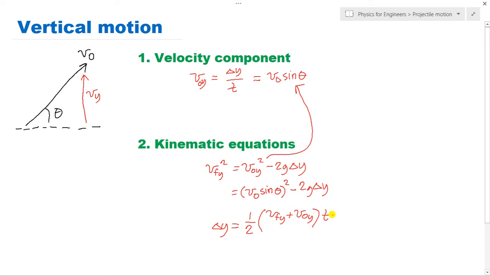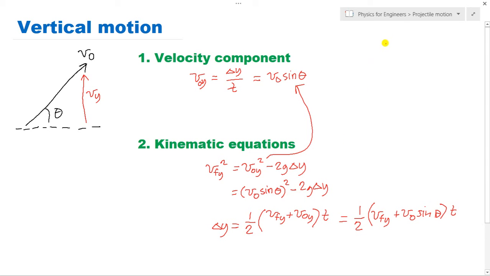So therefore wala dito yung acceleration due to gravity. And again, since we all know that V0y is equals to V0 sin theta, we can rewrite this as 1/2 times vfy plus V0 sin theta times our time. So ganun lang. So again, this is our fourth kinematic equation for our vertical motion or free fall.